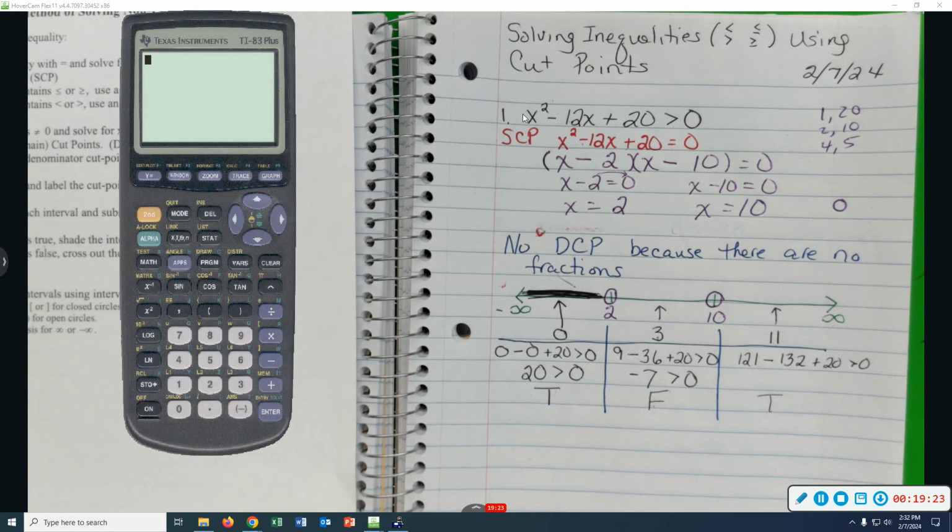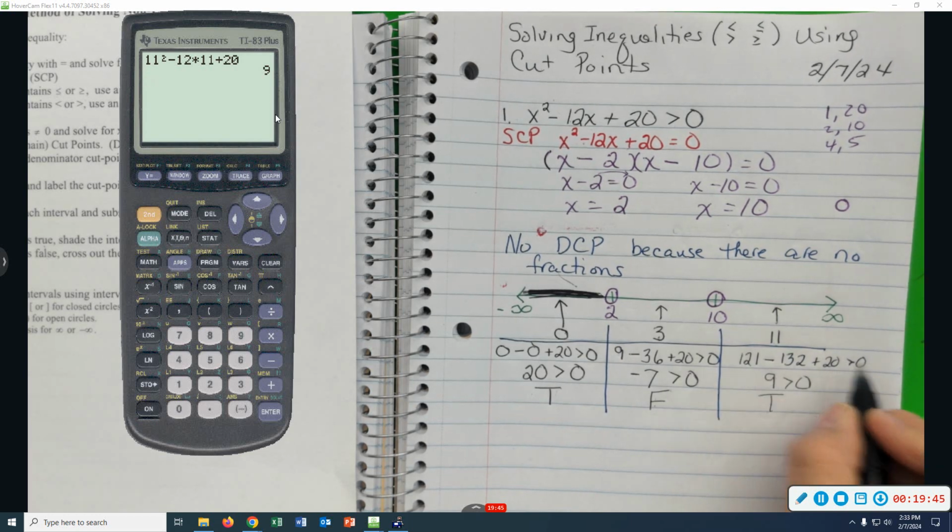Plugging in 11 for x, we'd have 11 squared minus 12 times 11 plus 20. What's that going to give me? A 9? Is that what y'all got if you punched it in? Yes.